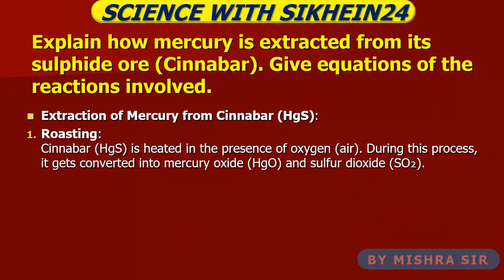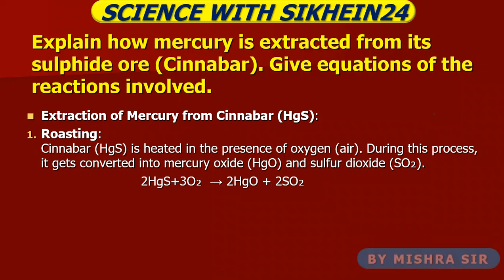Roasting: cinnabar's formula is HgS, where Hg is the symbol of mercury and S is sulfide. It is heated in the presence of oxygen. During this process, it gets converted into mercury oxide and sulfur dioxide. Let's see the equation.